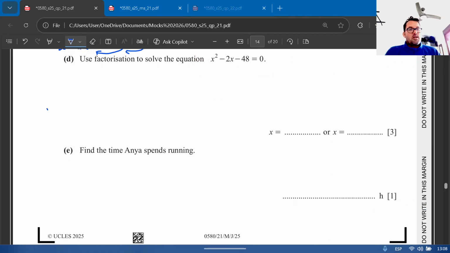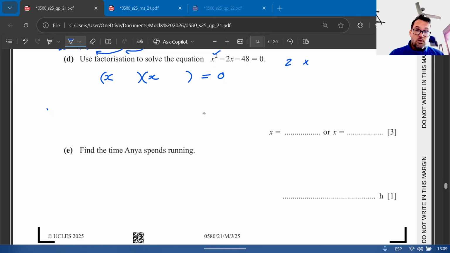Use factorization to solve the equation. You don't have a calculator, so you can't use the calculator. The other way is factorization. Put 2 brackets with an x and an x, because x times x gives us x squared. Now, if we multiply the last 2 terms together, we need to get minus 48. So let's start with 48.